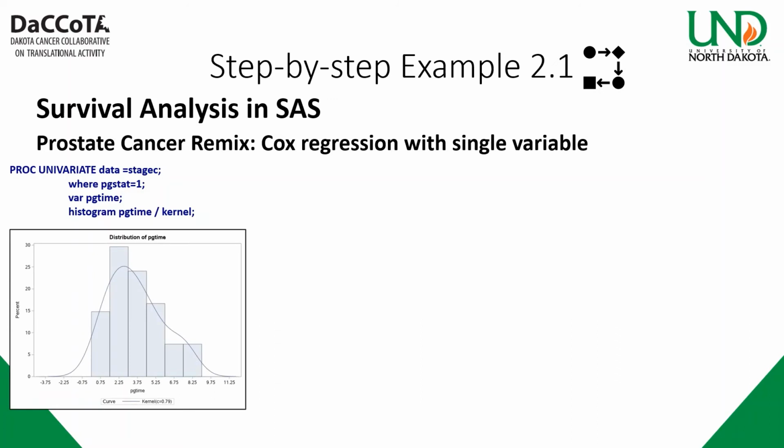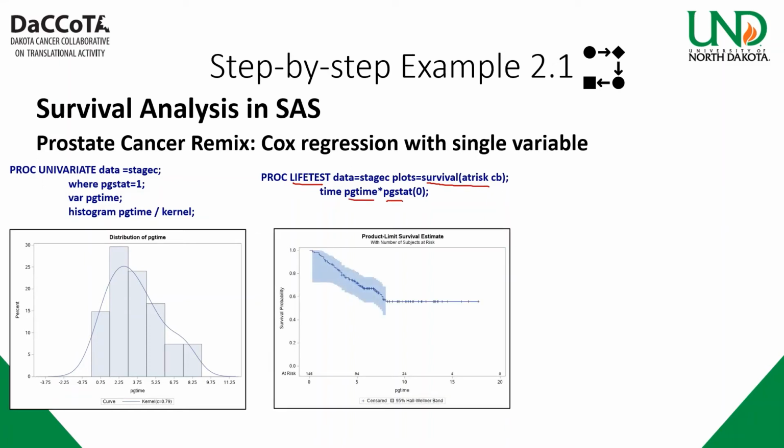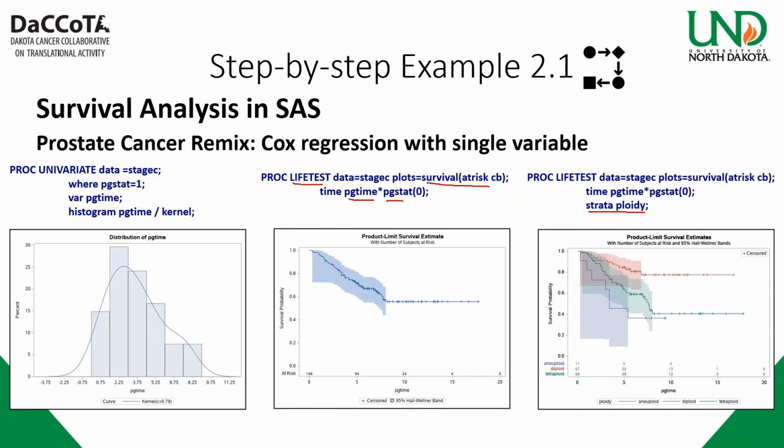Here's our RBPG time. Let's run. We're going to use proc lifetest to get our base survival plots, time and status, and that's going to give us the exact same Kaplan-Meier curve we saw earlier. Then we can use proc lifetest to stratify this by ploidy, and we get those outcomes here as well.